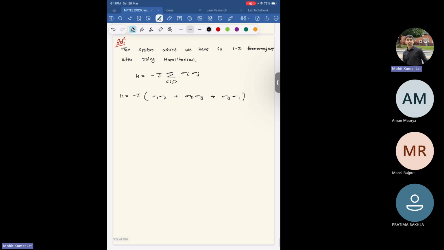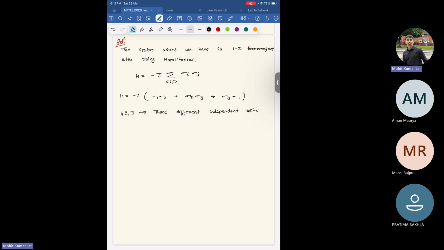Now since in this problem we have 1, 2 and 3, these are three different independent spins. And the spins are such that each can take either plus 1 or minus 1, right? That's what it can do.